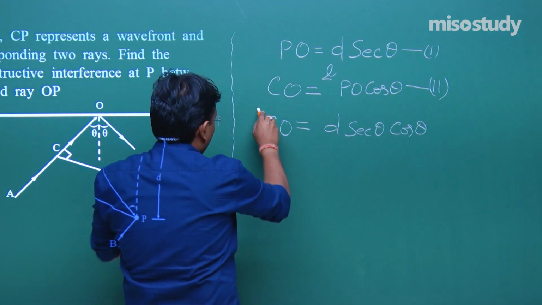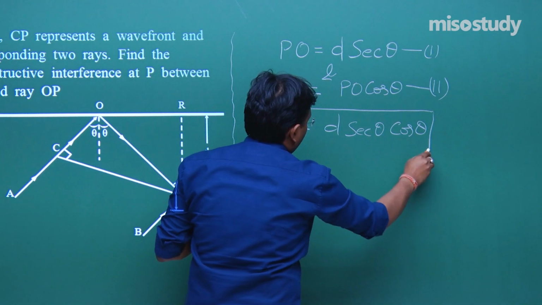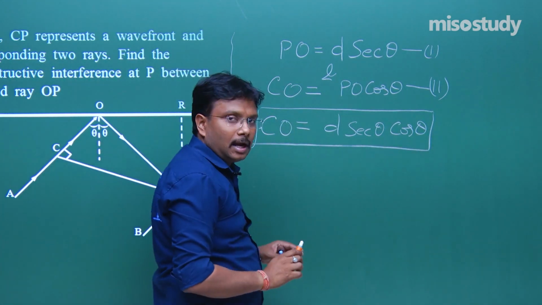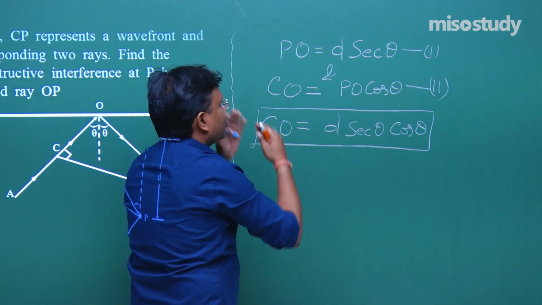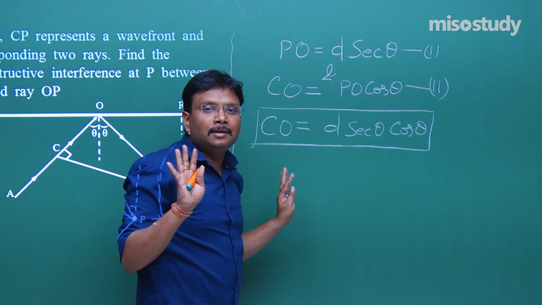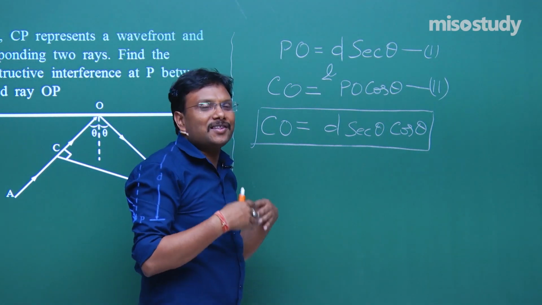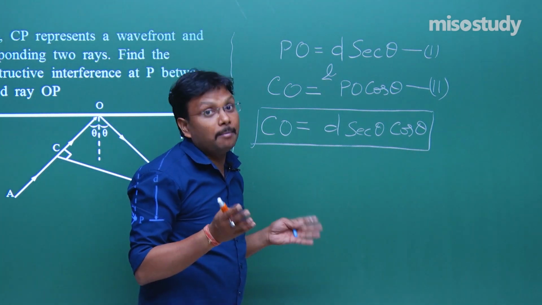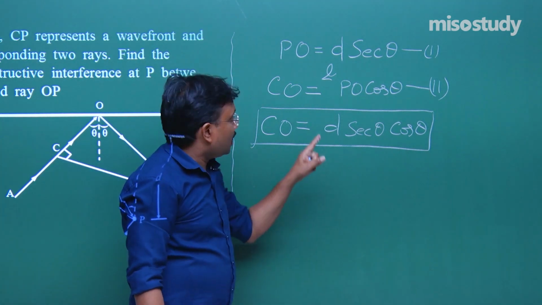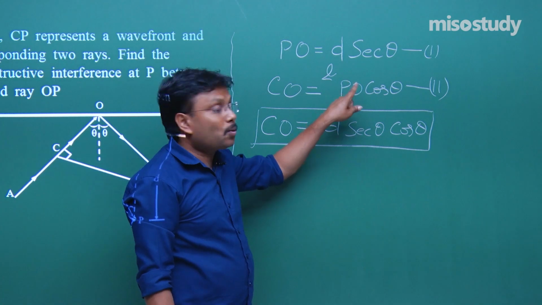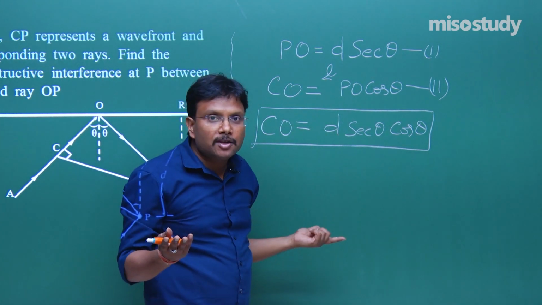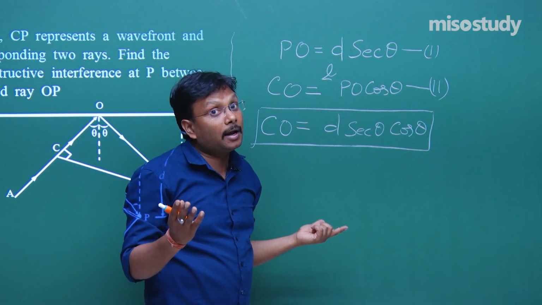I hope no one has any difficulty till now. In this expression we did not use anything from optics, that is simple class 10th trigonometry or algebra, but it is very essential. If you can't understand it, you can't find the values, and there is no possibility you can get the correct solution.